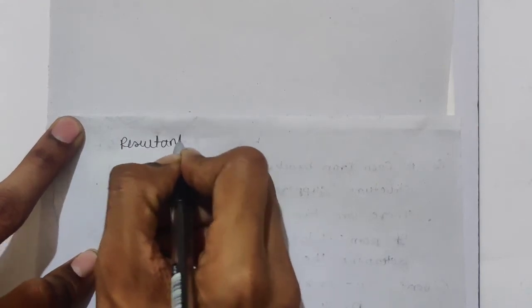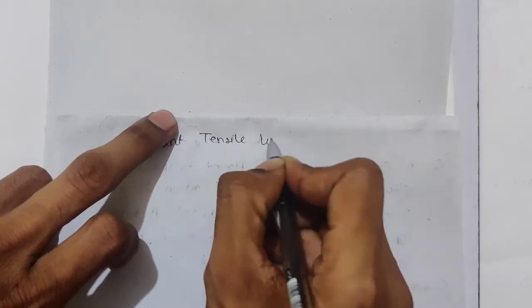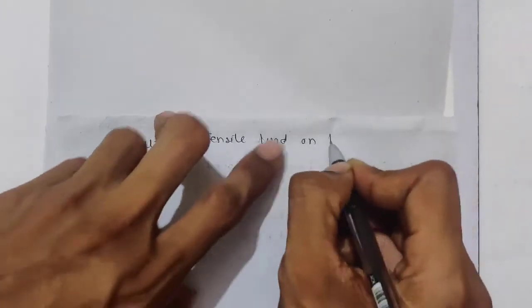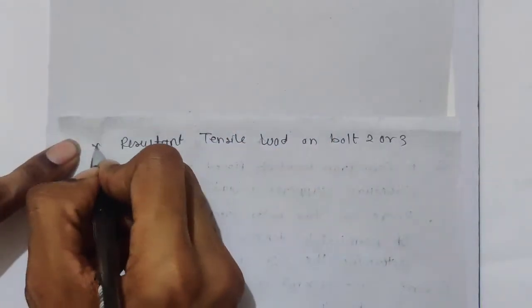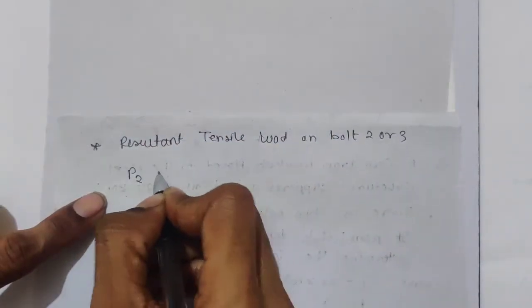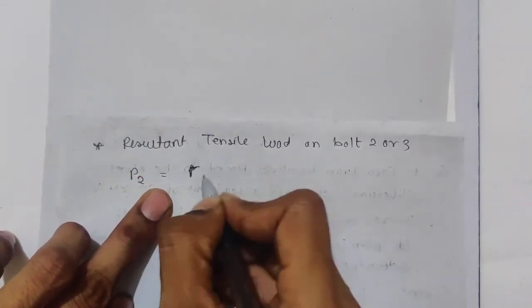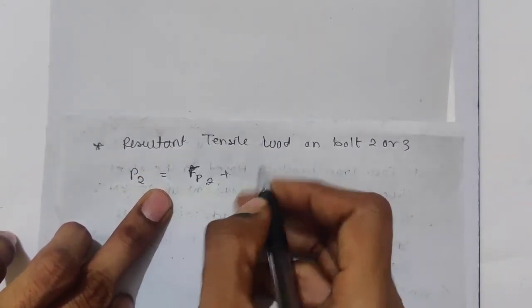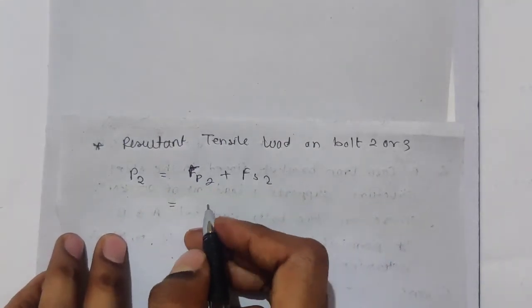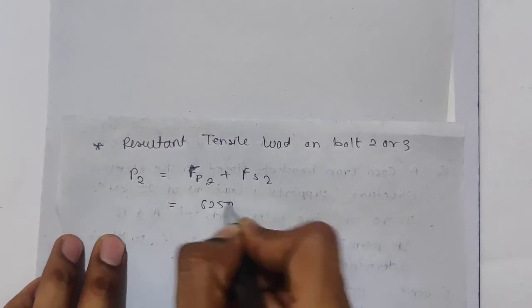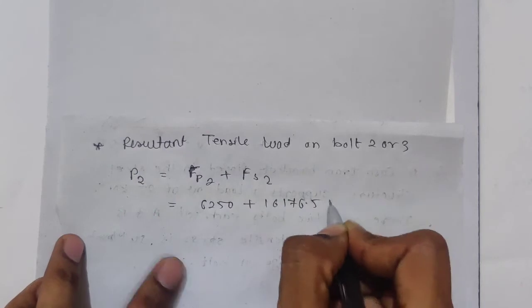So the resultant tensile load on bolt 2 or 3 is equal to force primary on bolt 2 plus force secondary on bolt 2. It is 6250 plus 16176.5 Newton.